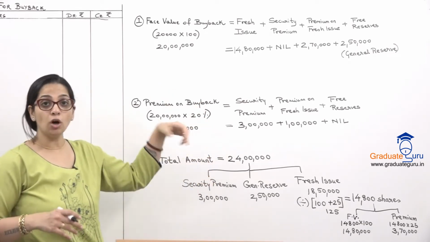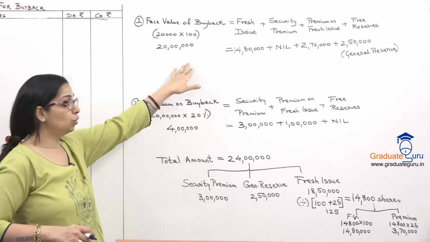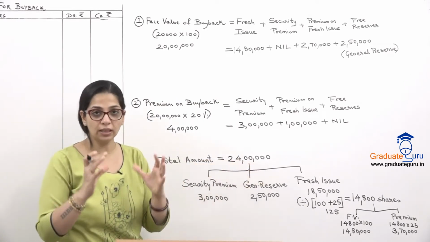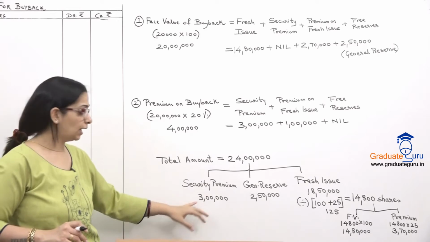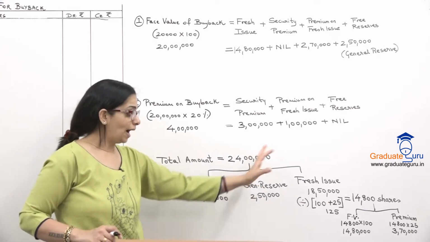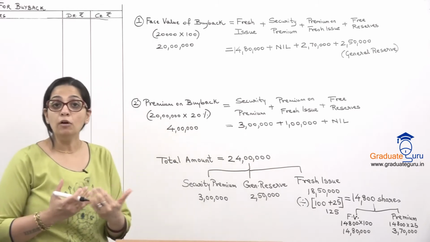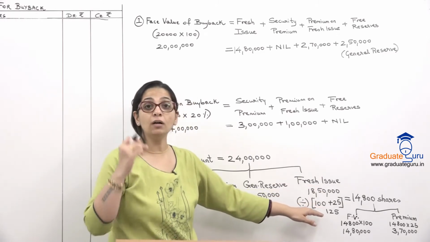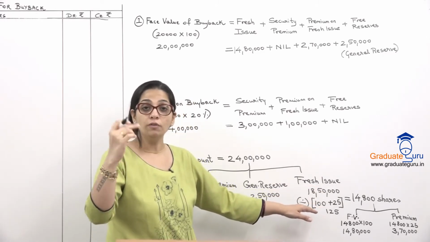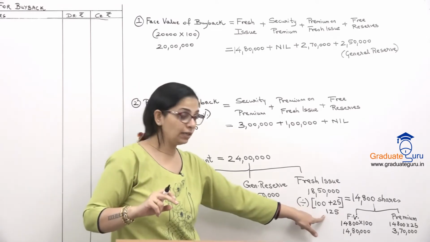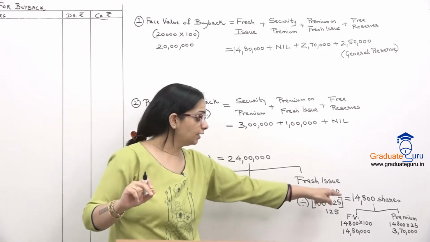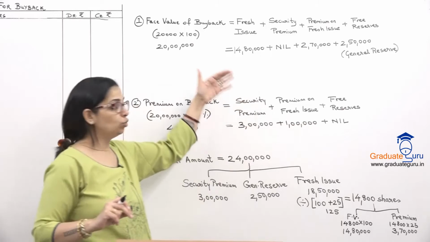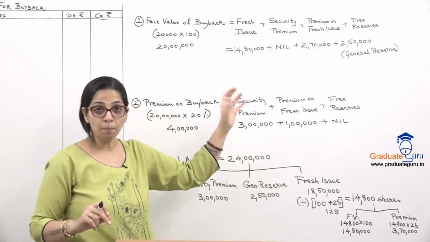Because your premium, your reserves, you can use over here also. पहले हमने क्या किया, हमने टोटल ढूंढ लिया कि हमें टोटल कितना चाहिए, उसमें से सिक्योरिटी प्रीमियम निकल गया, जनरल रिजर्व निकल गया, तो बाकी का जो भी अमाउंट है that will come from my fresh issue. So fresh issue एक बार ढूंढने के बाद I divided it by the value at which I will issue, which is with the premium. तो 125 I got the value, I divided it, I got the number of shares, उसमें से फेस वैल्यू इतना, प्रीमियम इतना, and I used all of that for filling up my equations.